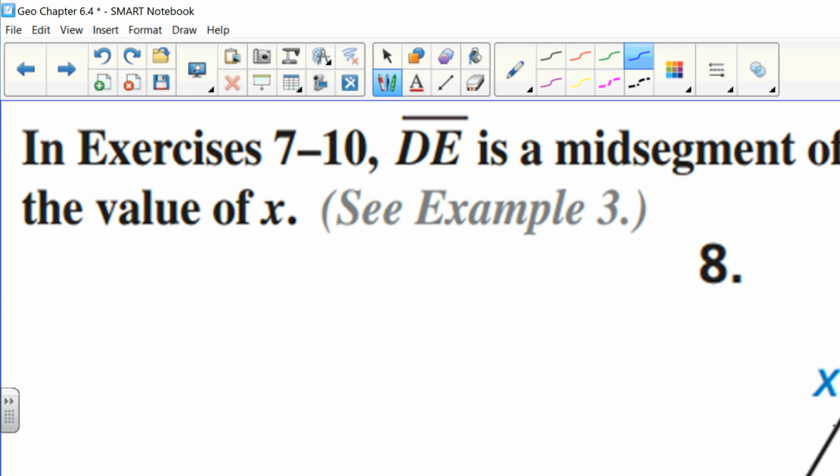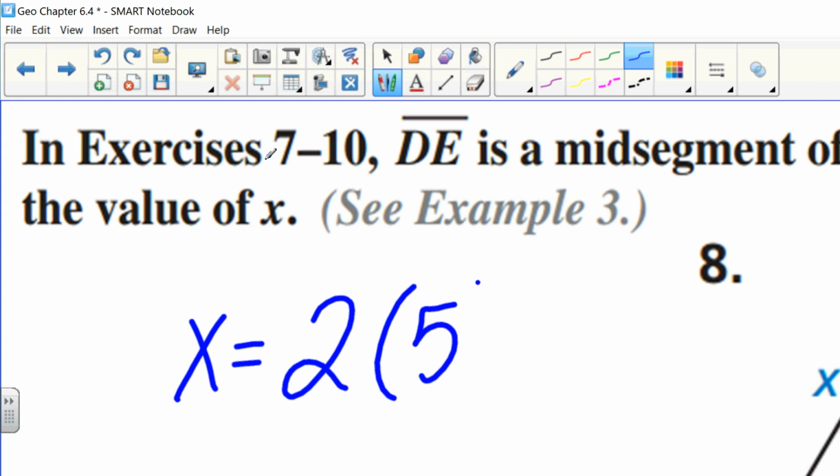Let's look at this one here. Now this one, they didn't give us the length of the third side. They gave us the length of the mid-segment. Well, the third side is equal to twice the mid-segment.